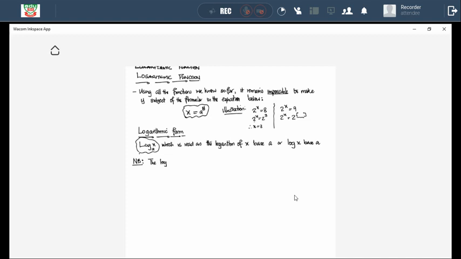The logarithmic form, or the log form if I write it in short, is the inverse of the exponential form. Now there's the word inverse, and someone is already asking, what is that inverse you are talking about?